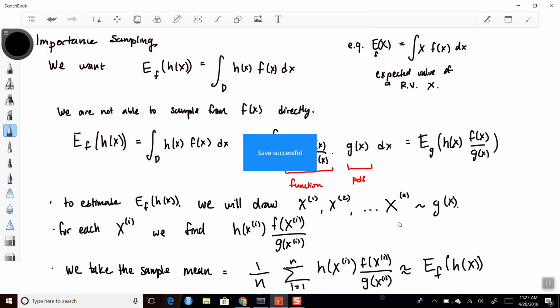And the intuition behind this is that when we draw from a different distribution, g versus f, we're still getting random values, but certain values of x are going to be drawn too often, and other values of x will be drawn less often, okay? But the difference there is offset by our importance weight, okay?